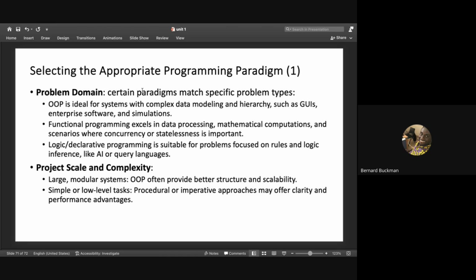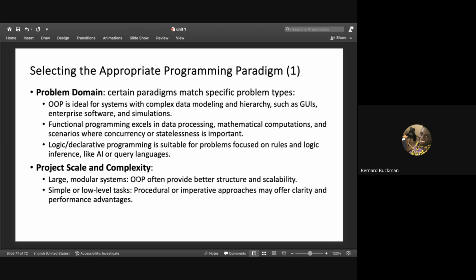If the solution is in the space of mathematics, data processing, or data mining, we use functional programming. If it is AI and the like, where there's logic, we use logical or declarative programming. Sometimes it also depends on the scale and the complexity. For more complex applications, we use OOP.